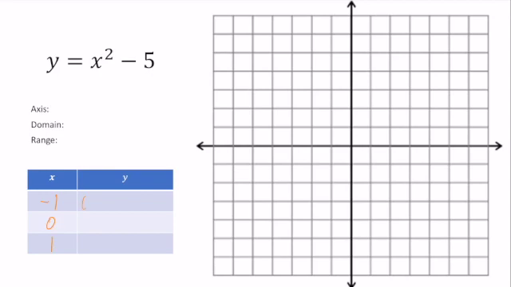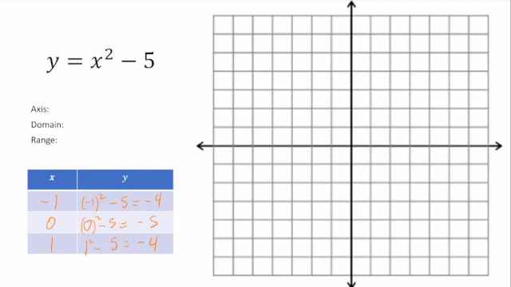I have -1 squared minus 5, which is -4. I have 0 squared minus 5, which is -5. And I have 1 squared minus 5, which is -4. So these are my new points. Let's go ahead and plot these.